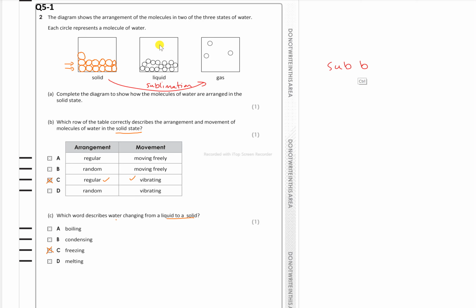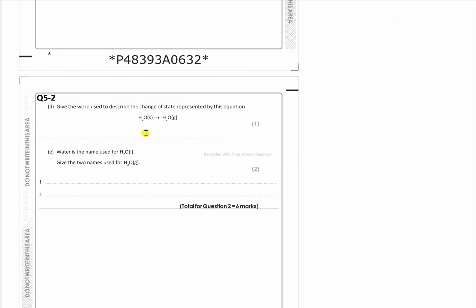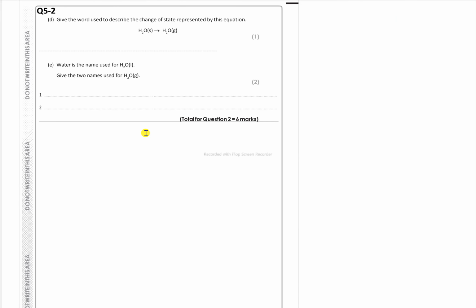You're going from a solid to a gas, and that is called sublimation. They've not given you any list to choose from, so it's good to know these words.